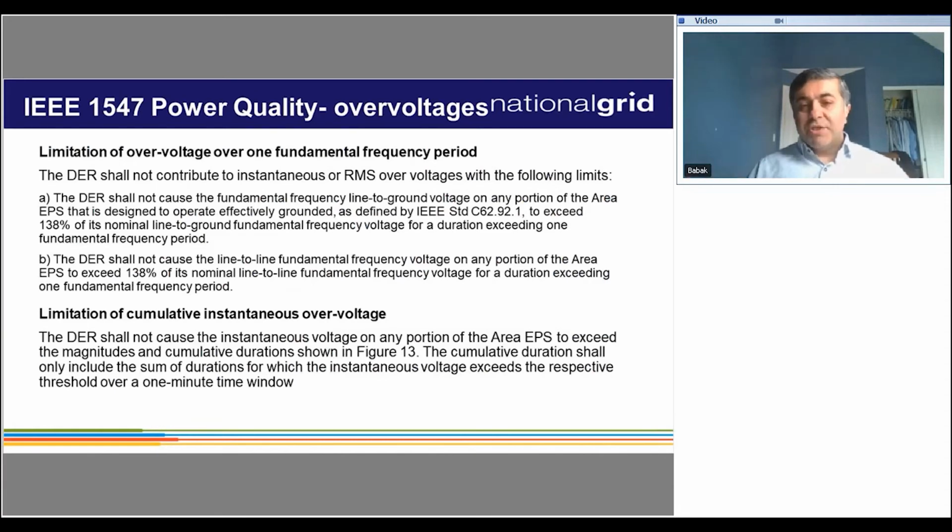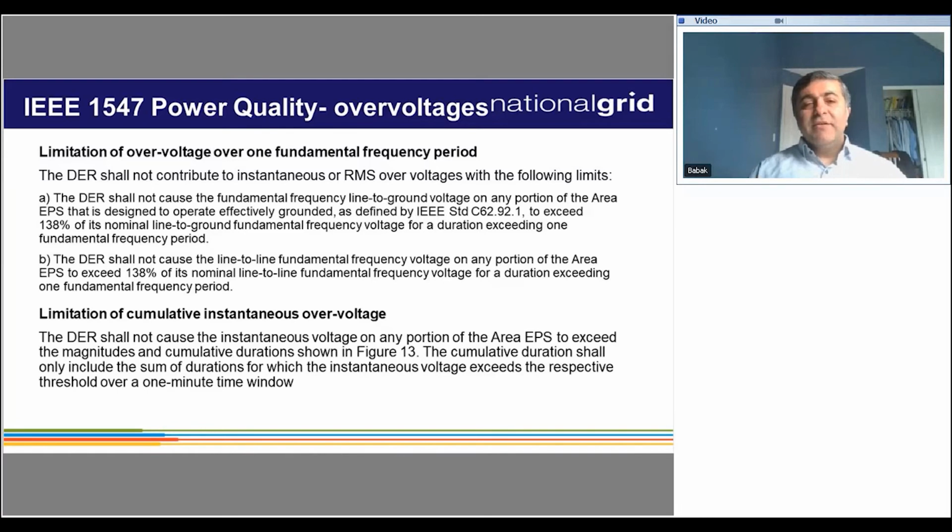As we add more and more distributed energy resources, if they do not provide that ground source to the load, and you have a line to ground fault in the system, and the first upstream recloser opens on the distribution circuit, now you lose the ground source from the substation. Now all the DERs connected to that island, if they don't provide the ground source, but they're capable of pushing the voltage up on the unfaulted phases, you can end up having really large overvoltages on the unfaulted phases for a line to ground fault.